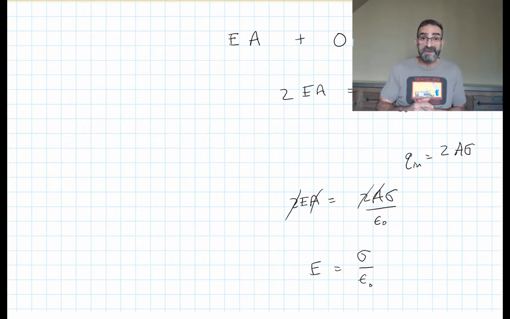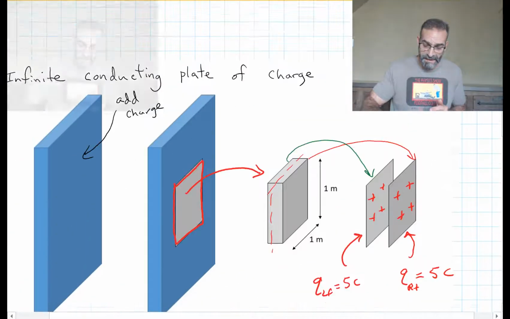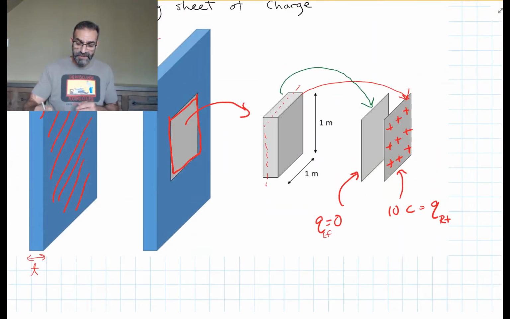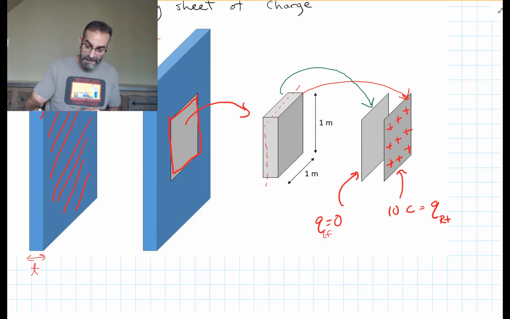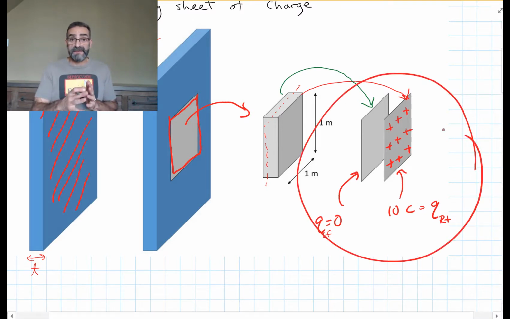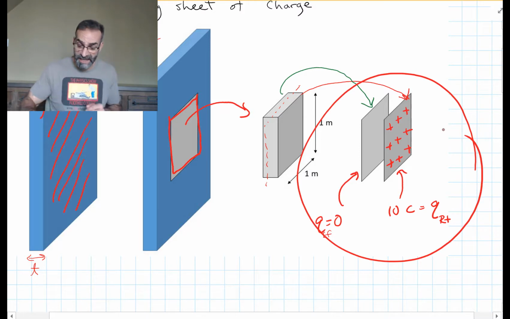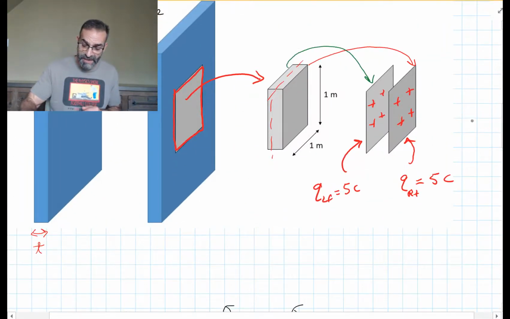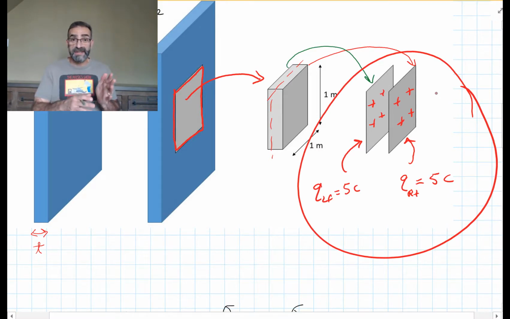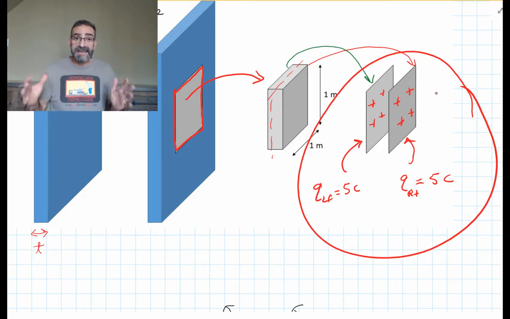It's off by a factor of 1/2 from our answer last time with the insulating sheet, because sigma is defined a little differently. If both surfaces have the same amount of charge, you're going to get the same electric field. If you come back up here and see, if you really have 10 coulombs per square meter on your insulating sheet, and you have 10 coulombs per square meter on your conductive sheet, like I do here, you're going to get the same electric field.